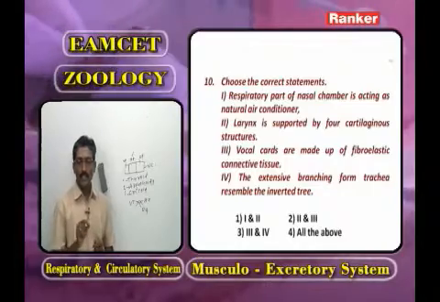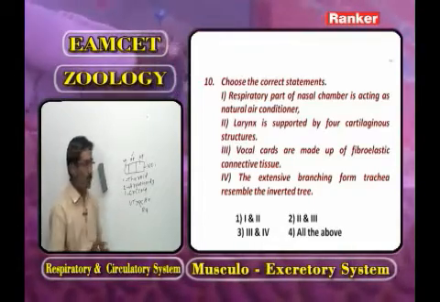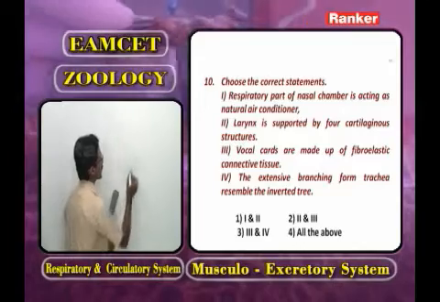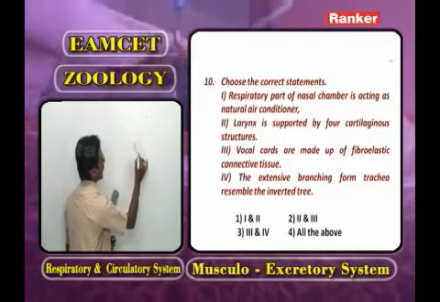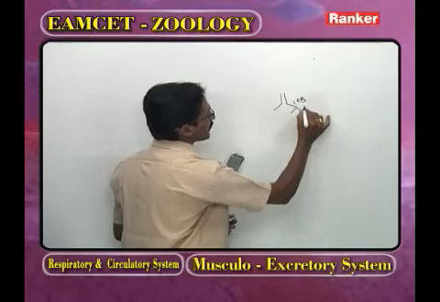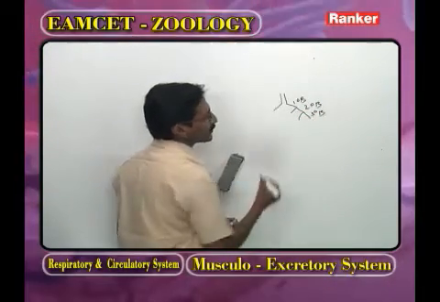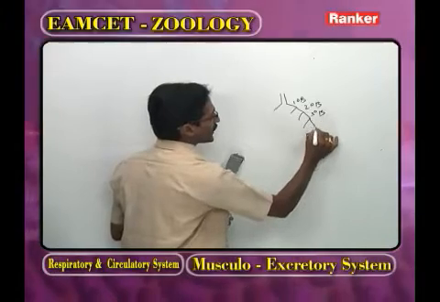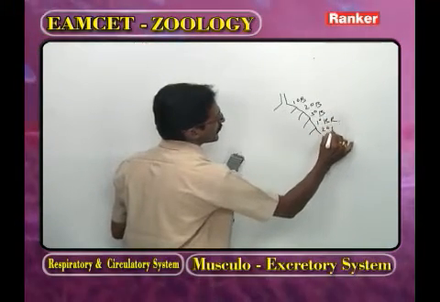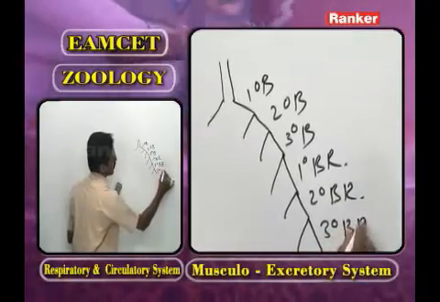The fourth one, extensive branching from trachea resembles inverted tree. Now this part we call it as the trachea. Trachea divides into primary bronchi. They divide into secondary bronchi. They divide into tertiary bronchi. Now they divide into primary bronchioles. They divide into secondary bronchioles. They divide into tertiary bronchioles.